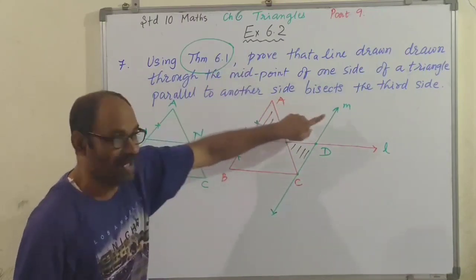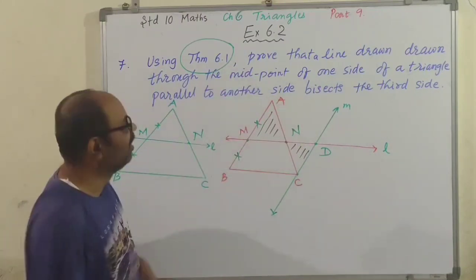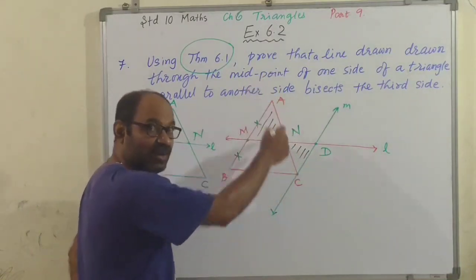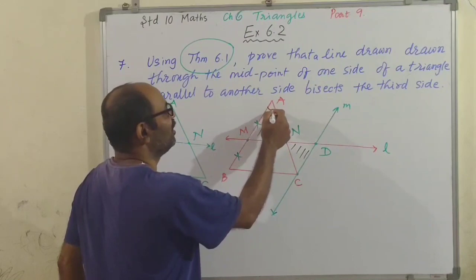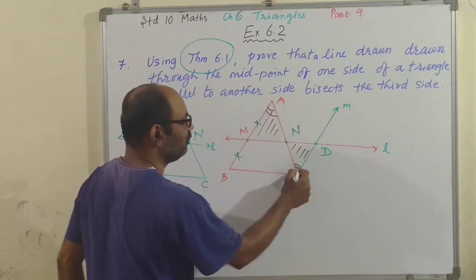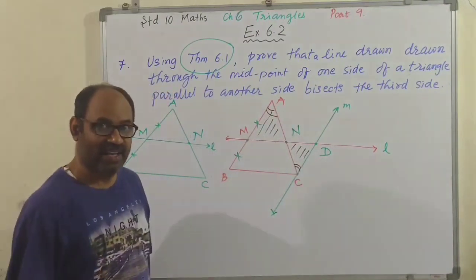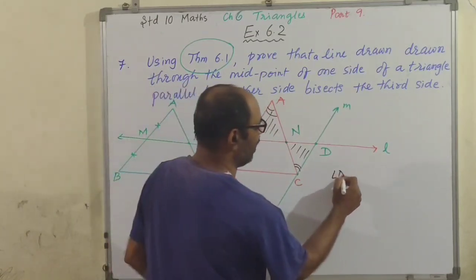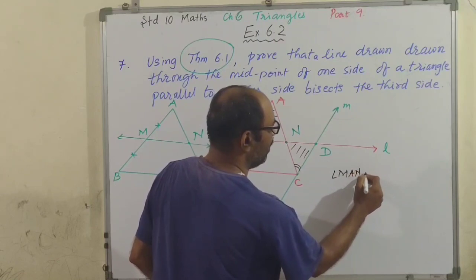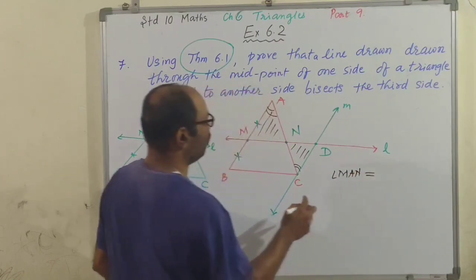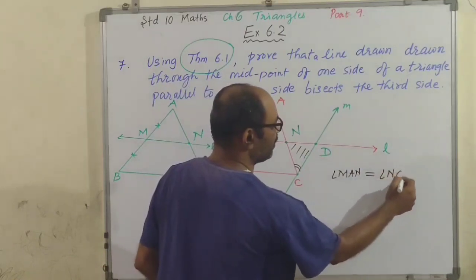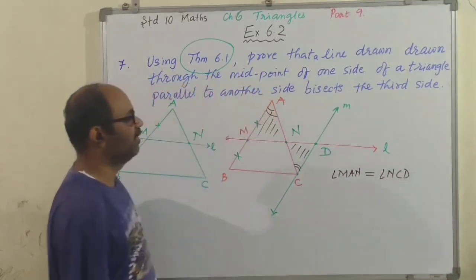Line AM is parallel to line CD, and AC is their transversal. So this is an alternate pair of angles. So angle MAN is equal to angle NCD. Correct?